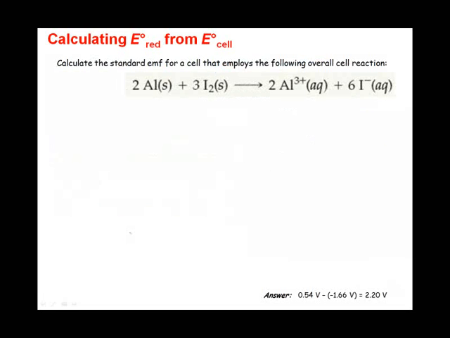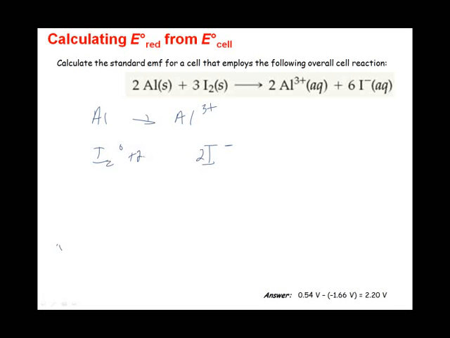Calculate the standard EMF for a cell that employs the following overall reactions. So let's write the half reactions. We have aluminum going to aluminum 3 plus, and we have iodine 0 going to iodide negative, only 2 of those.